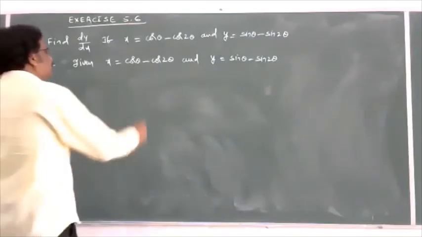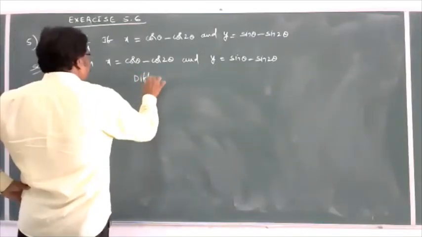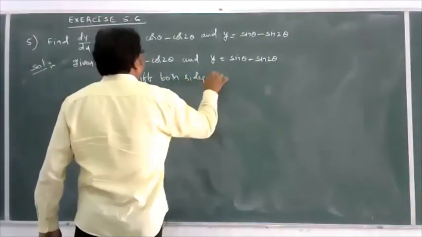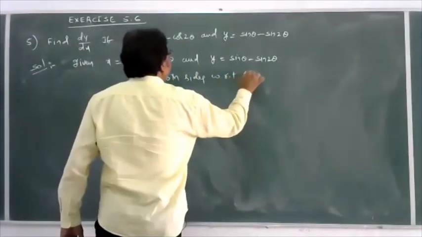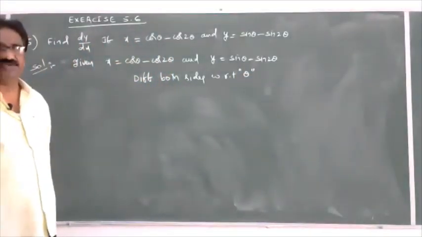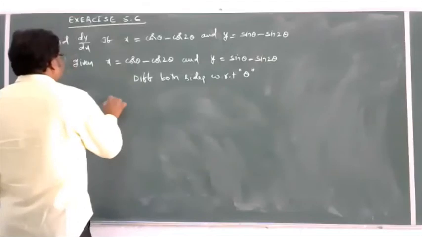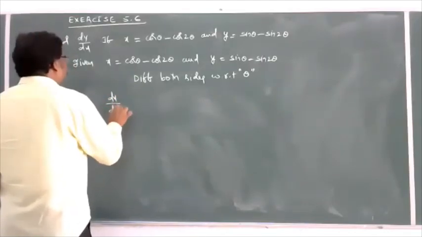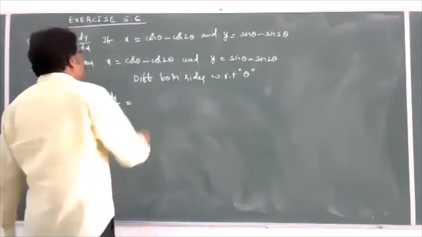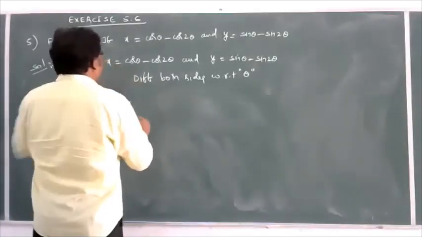Differentiating both sides with respect to theta, that is dx by d theta. dx by d theta is equal to, what is the cos theta derivative here?